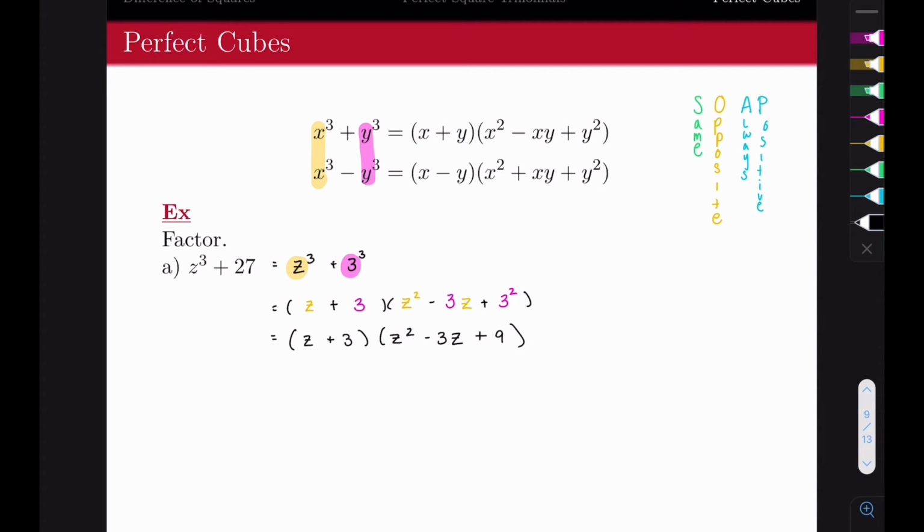We can go ahead and check that this is the correct thing. We're going to kind of do a similar foiling process. So I'm going to show you how to actually multiply these out. So we want to take z plus 3 and times it by z squared minus 3z plus 9. In our foiling process, we're taking that first term, it's going to be multiplied by the other 2 pieces.